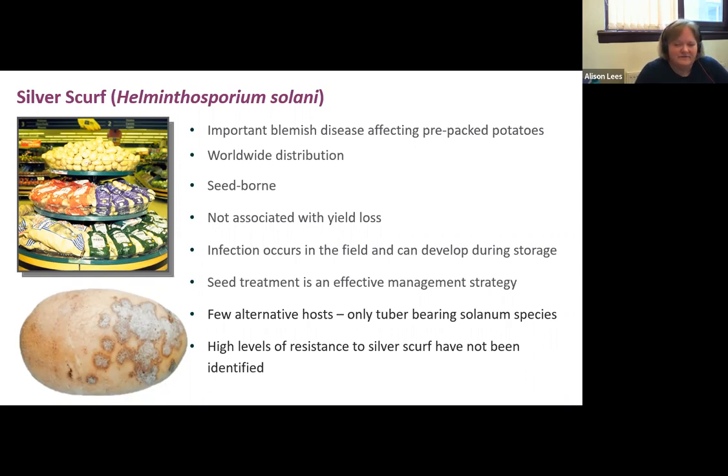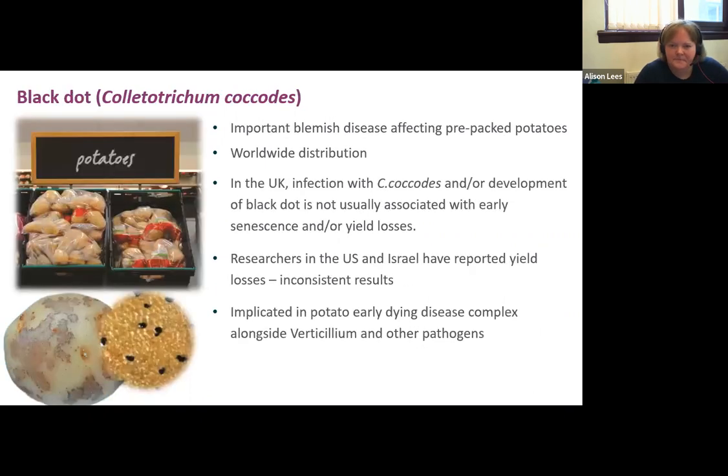Seed treatment is an effective management strategy in contrast with black dot. And again, I refer you to the earlier presentation of Gary Secor in this respect. There are relatively few alternative hosts, mainly solanaceous species, and high levels of resistance have not been identified, although varietal differences have been seen, and I'll come back to this point.